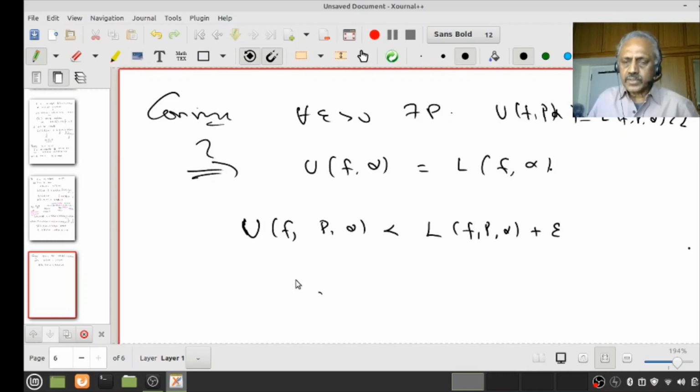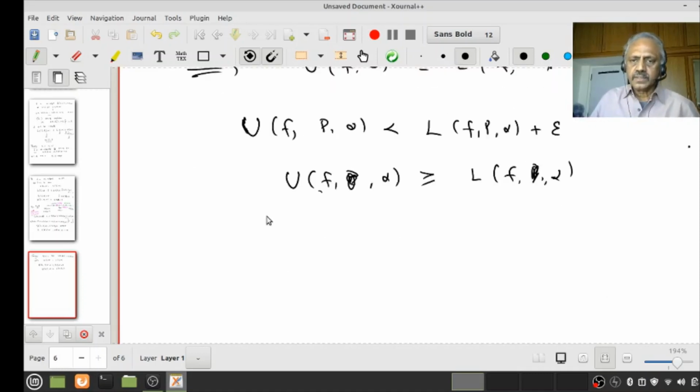Now what is it that I want to prove? Remember, we already know U of P, alpha is greater than or equal to L of P, alpha, and U of alpha is greater than or equal to L of alpha, right? So I want to show something else.